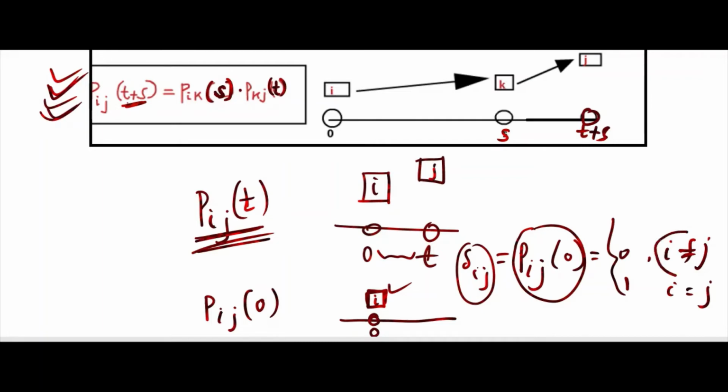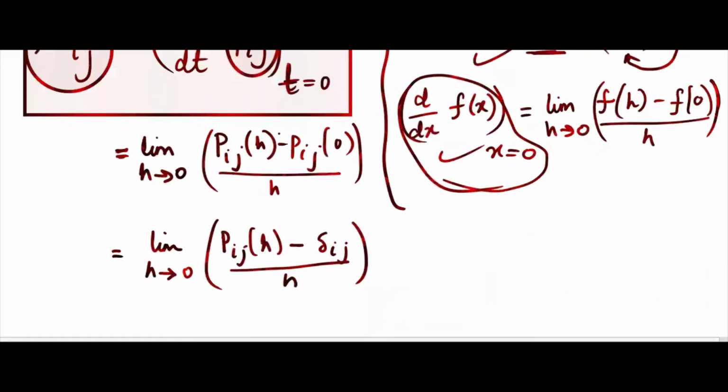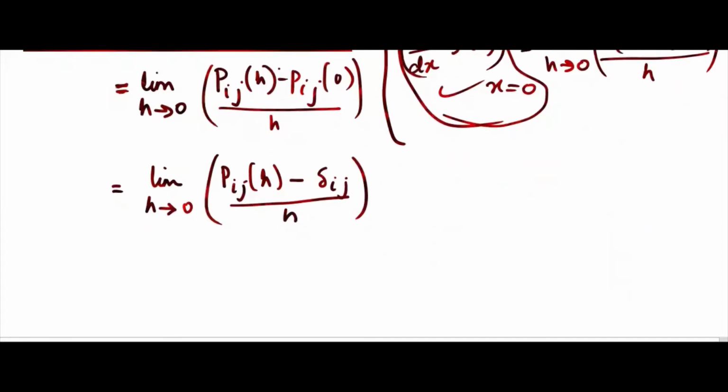So if they're different, what is the probability that I will move from teaching to watching TV in 0 time? It's impossible. Now this Pij 0 is 0 or 1, for that we write delta ij. So mu ij is equal to this.